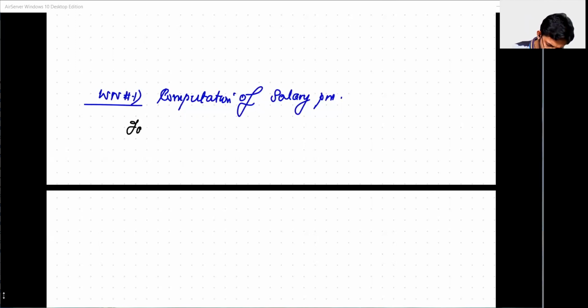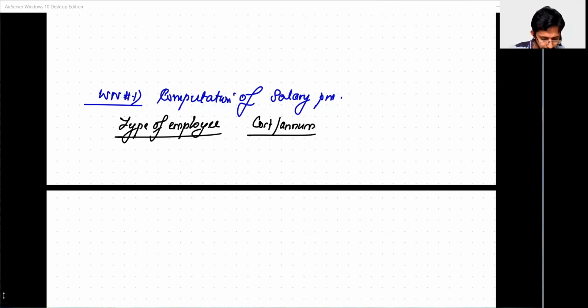So I think since we have different types of employees, we will give it in a tabular format. So type of employee, cost per annum, which cost? Salary cost. Then cost per person, then monthly salary cost.